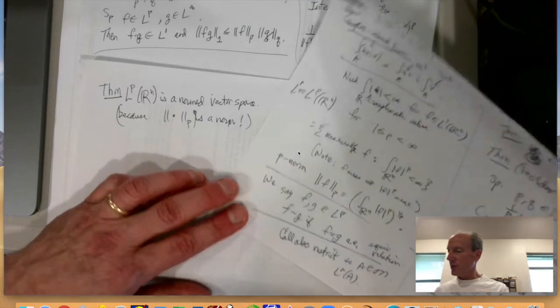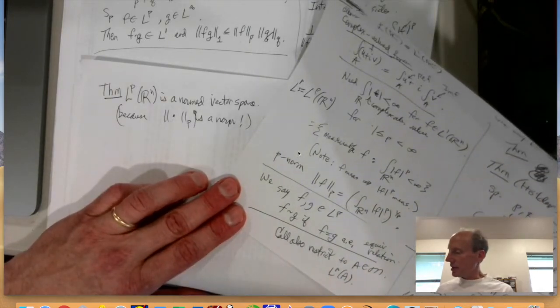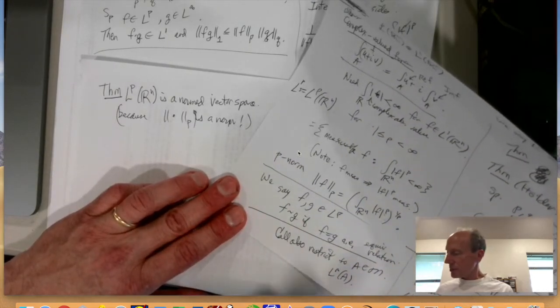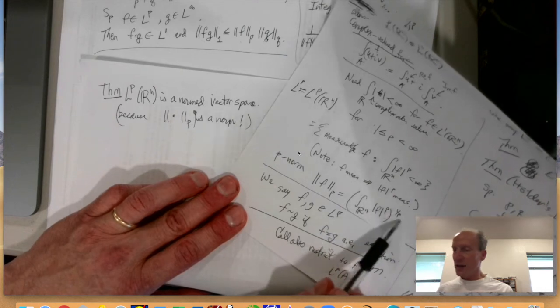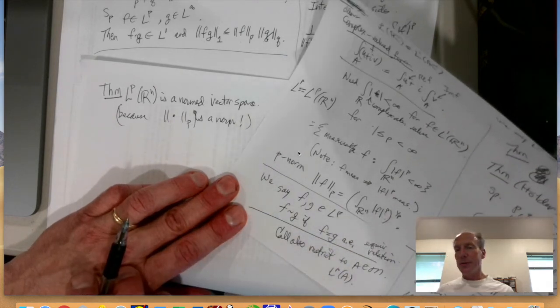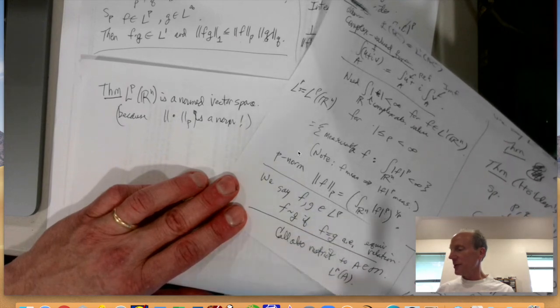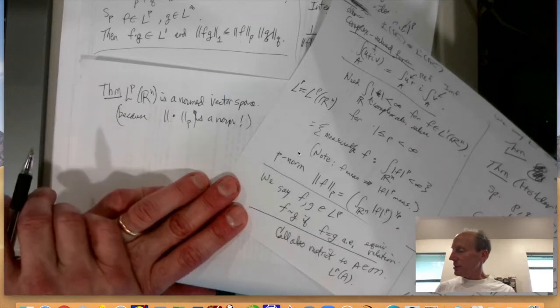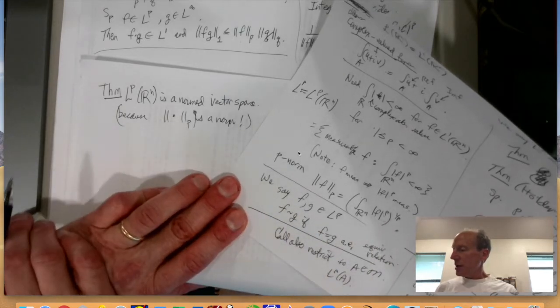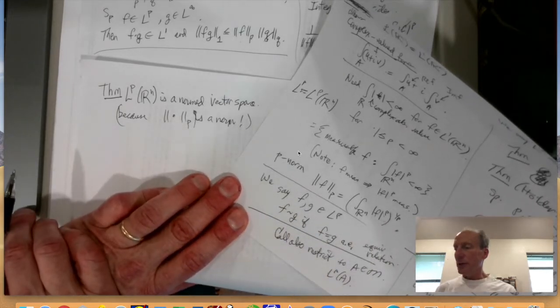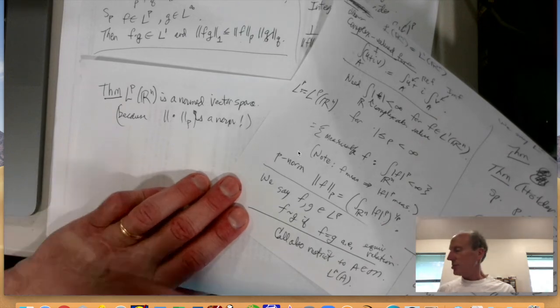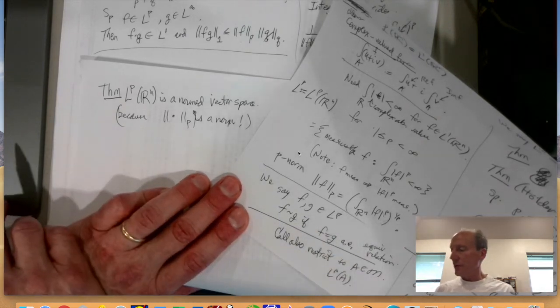So you get positivity, and then constants come out correctly. That's why you have to take the 1 over p power, because otherwise c times f would come out as c to the p times f in absolute value. But with that, it works. And then the triangle inequality also has to do with a little bit of analysis, but it works, like the lemma and everything. So that's cool.